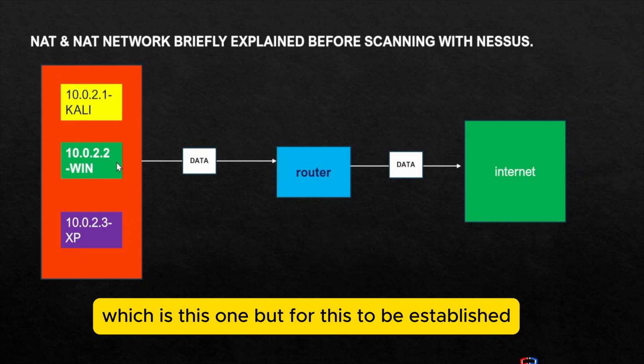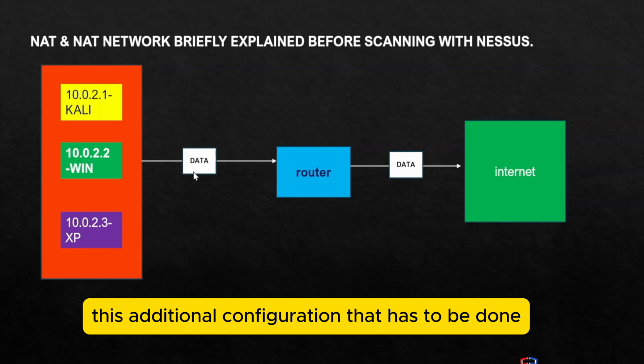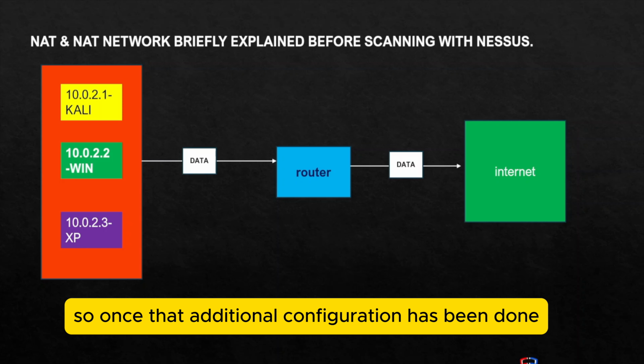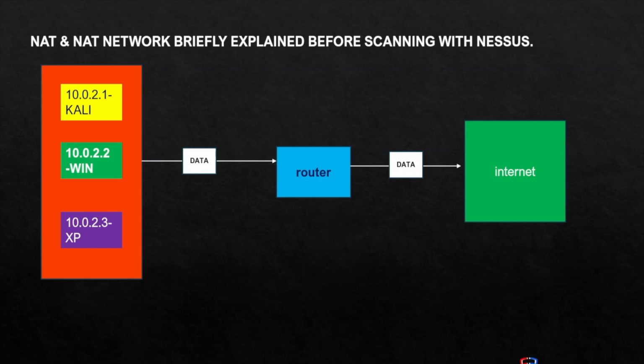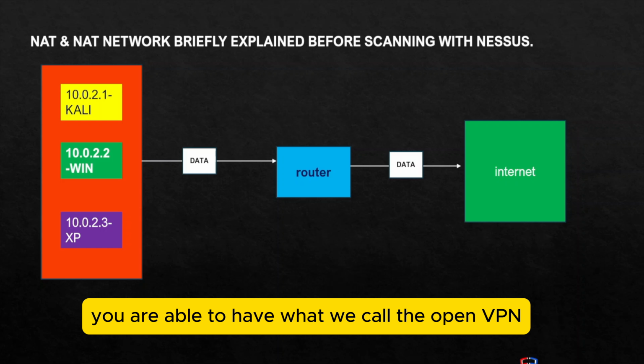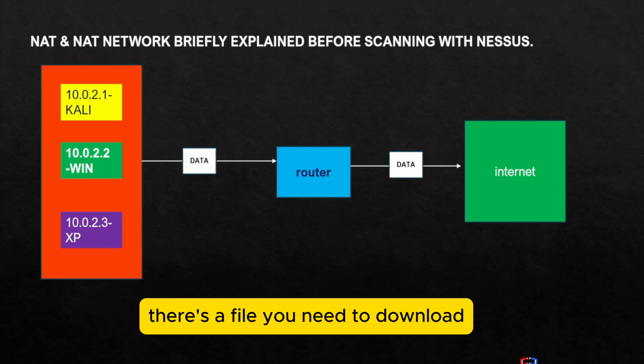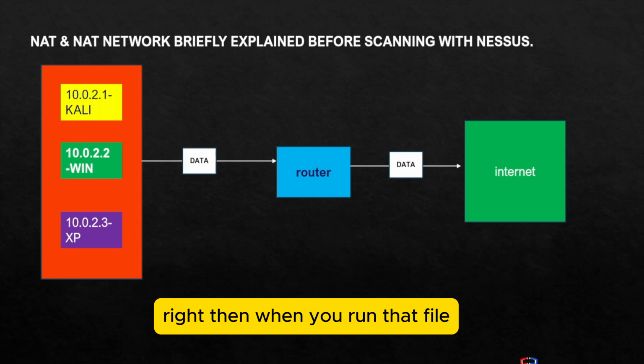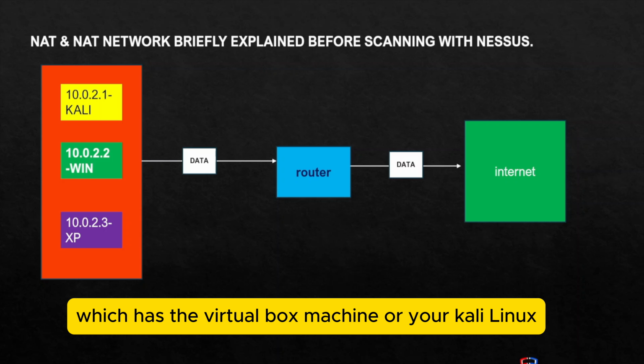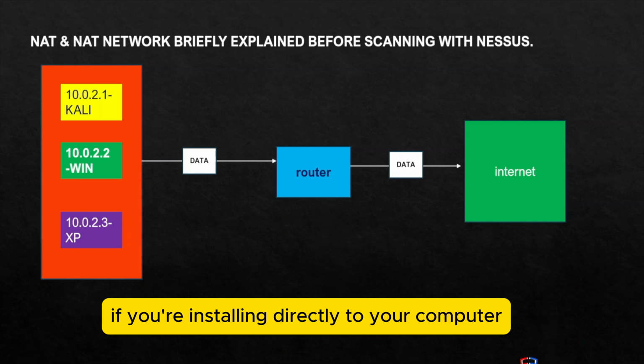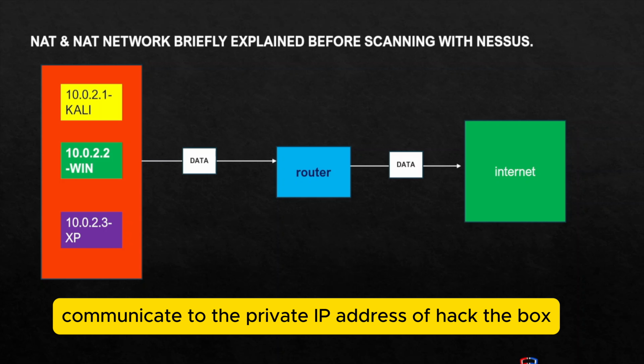But for this to be established, there's additional configuration that has to be done. Once that is done, you are able to have what we call OpenVPN. There's a file you will need to download. When you run that file, your computer, which has the VirtualBox machine or your Kali Linux, if you're installing directly to your computer, is now able to communicate to the private IP address of Hack the Box.